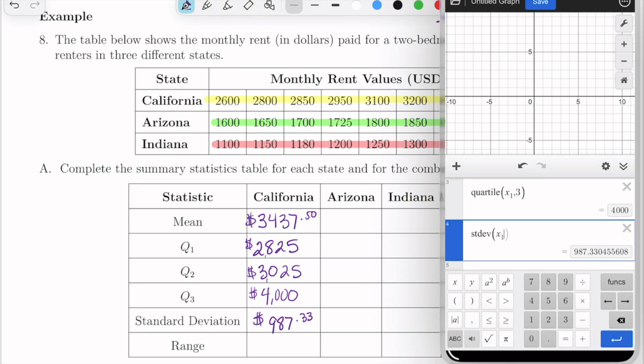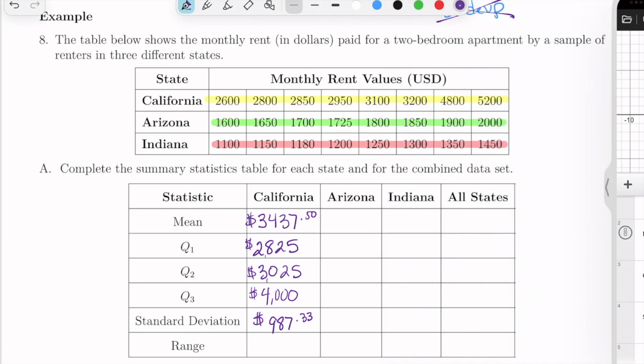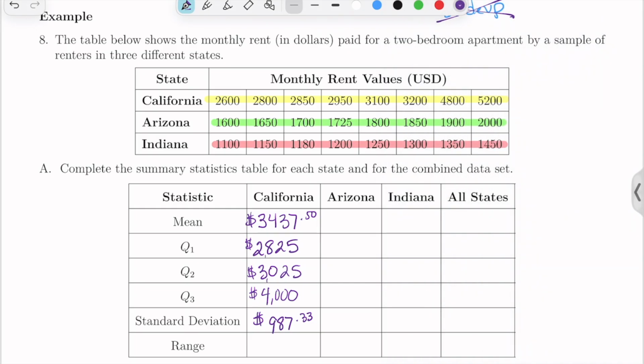And then also we've got to do the range. The range we get by taking the highest minus the lowest. So the range for California will be 5,200 minus 2,600. And that should get us 2,600, hopefully. And there's kind of our summary statistics of California.